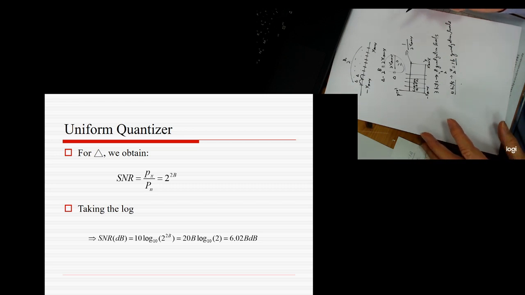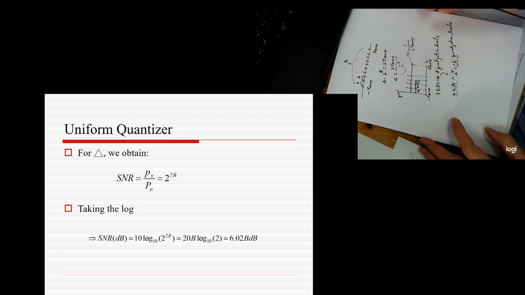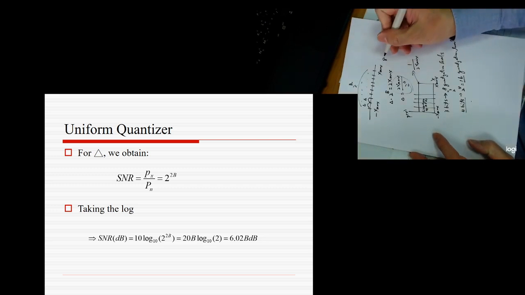So you can see that if we increase one bit, you can increase the SNR by 6 dB. For example, with an AD converter. If we have an 8-bit ADC, the signal to noise ratio will be 8 times 6.02, which is 48.16 dB.